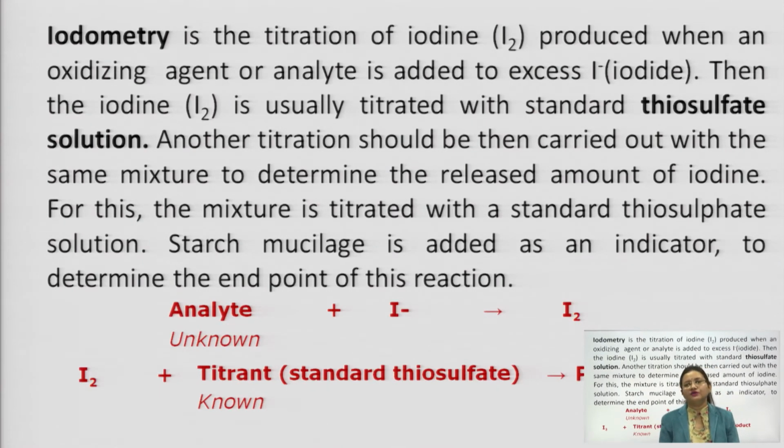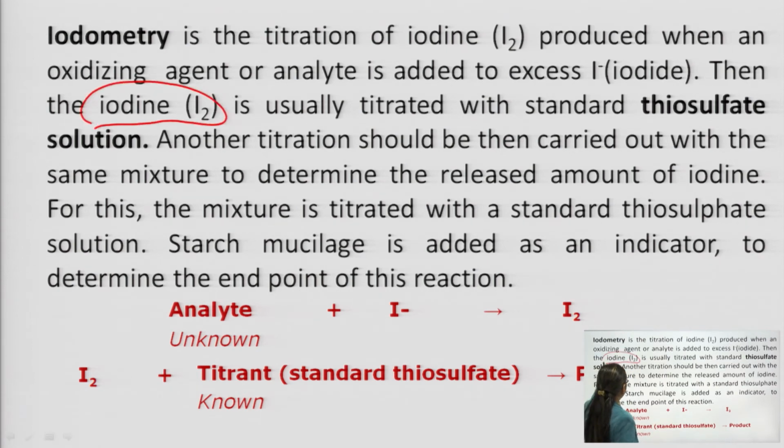Iodometry is the titration of iodine which is produced when an oxidizing agent or analyte is added to excess iodide. The iodine is then titrated, this is the liberated iodine. In the first reaction, you can see here in the reaction, the analyte is titrated to the iodide.